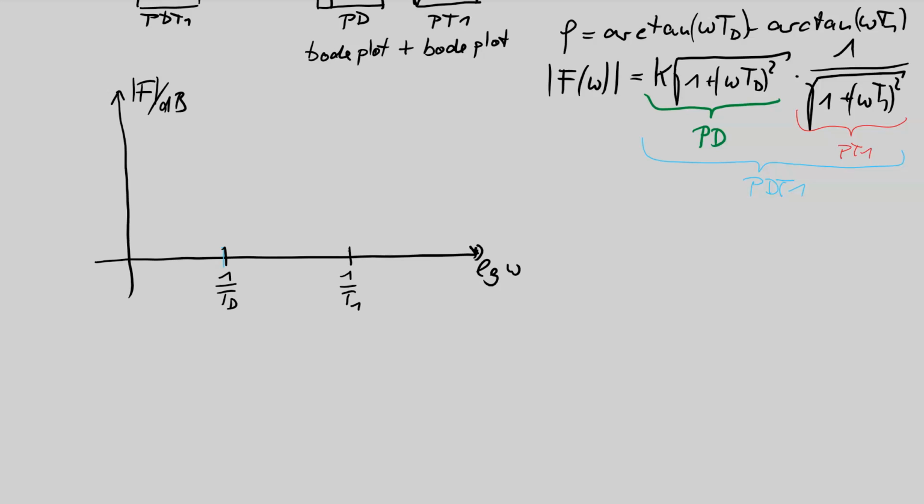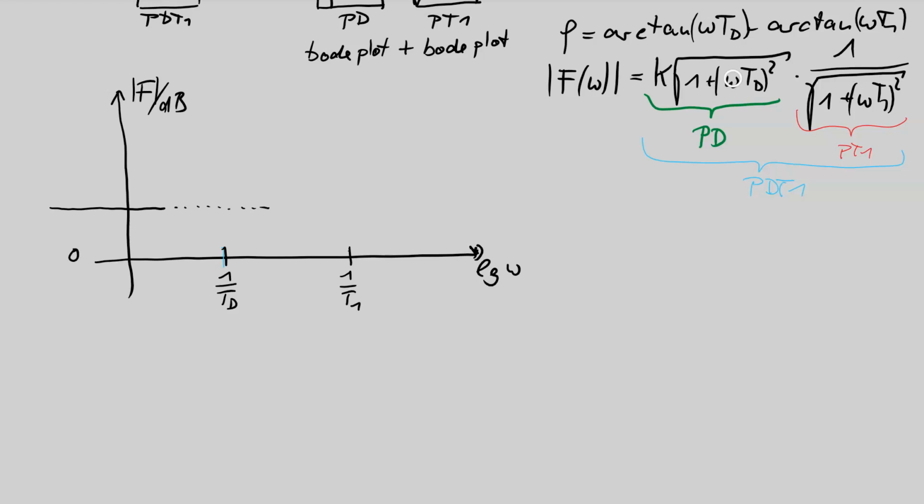Then I start drawing this magnitude curve. If omega TD is very small, we have simply the distance K to the 0 dB line. This is a constant value, and then of course if I reach the corner frequency of the PD, the asymptotic curve is different from the correct curve.